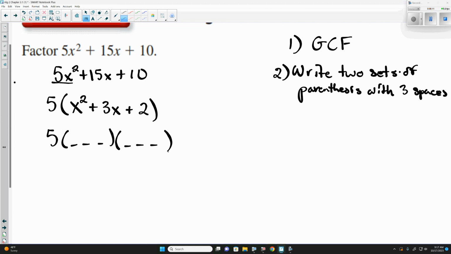Now the three spaces, especially once you get used to these, aren't necessary. You won't have to put those in once you get the hang of this. I put the three spaces, especially as we start this, to make sure that the parentheses are big enough for everything to fit.